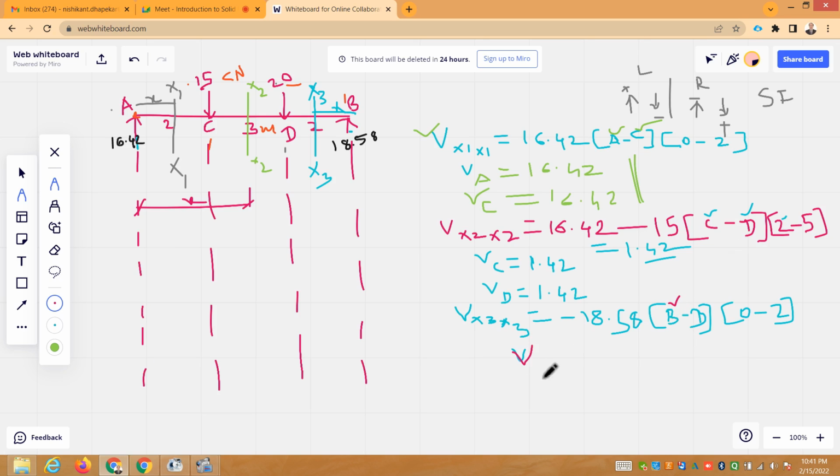Shear force at B will be equal to minus 18.58, and shear force at D will be equal to minus 18.58.